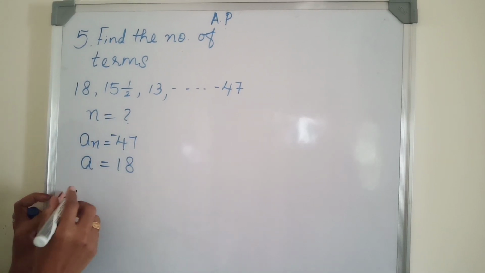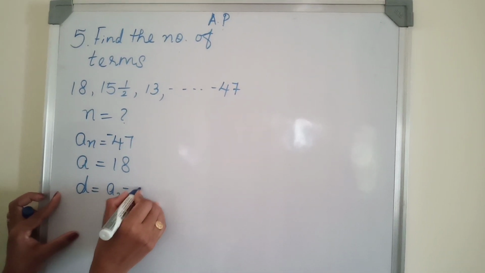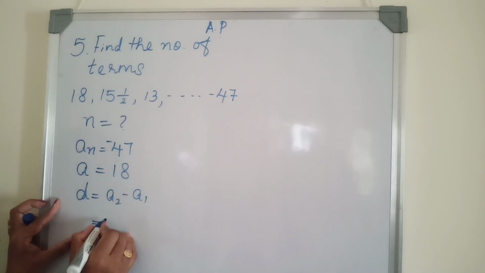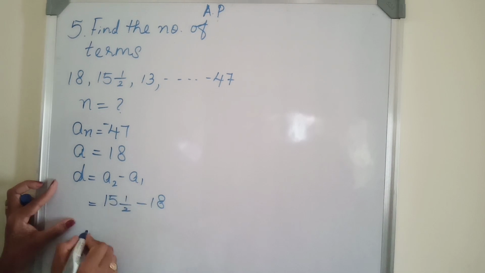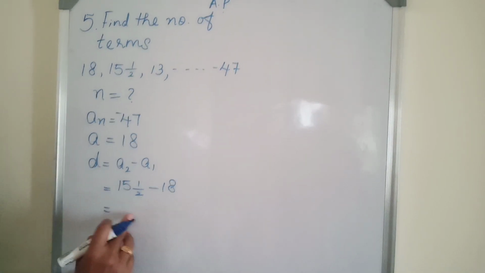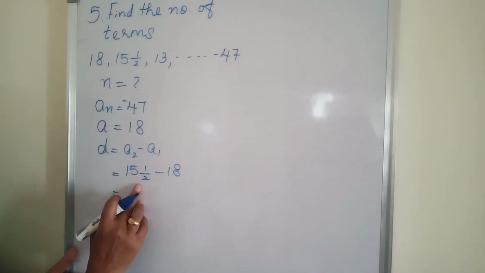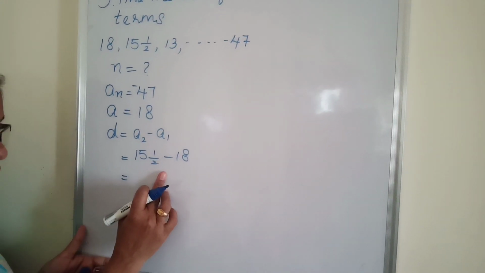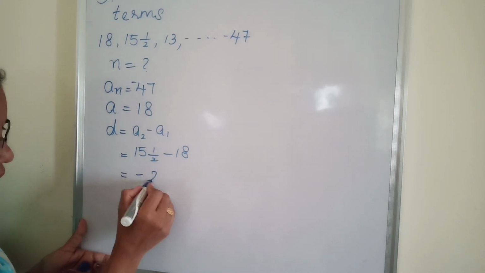So here we will find out D. D is equal to A2 minus A1 equals 15 and a half minus 18. This directly we can write 15 and a half minus 18, or we will take LCM and do it. 15 and a half plus half 16, 16 plus 2 18. So it is minus 2 and a half.